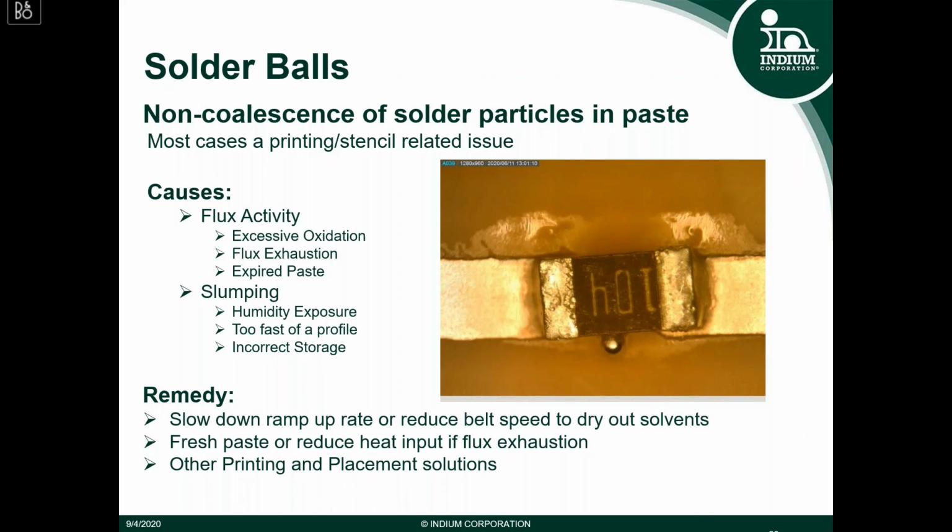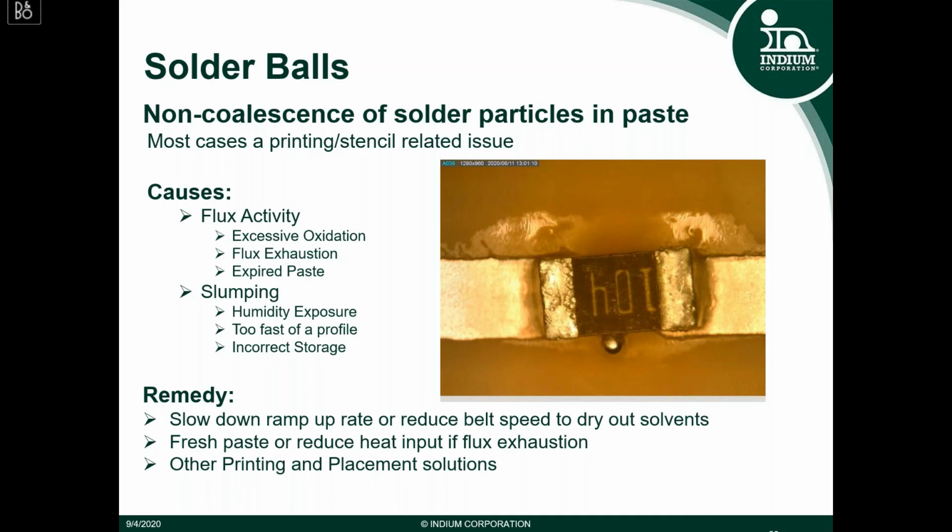So some causes of solder balling could be inadequate flux activity. You can have excessive oxidation that the flux cannot remove. You can have flux exhaustion from too hot or too long of a profile. You can have expired paste where the activators no longer remove the oxidation. And also slumping.